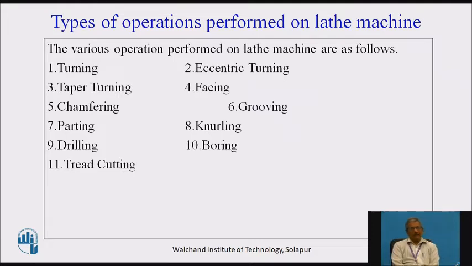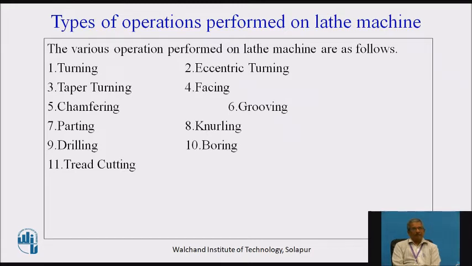Like a crankshaft, you might have seen crankshafts have the crank pin and the main bearing shaft, where the bearing is fitted, eccentric to each other. So eccentric turning is of course a turning, but the axes of different diameters on the same object will be different, parallel to each other, not the same.